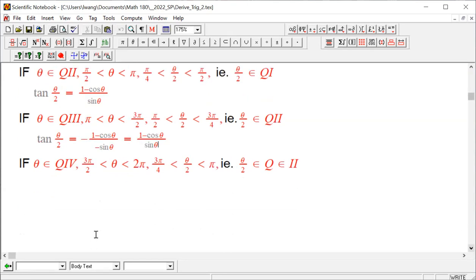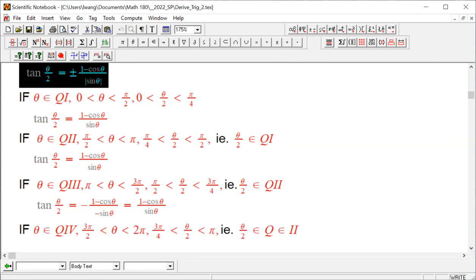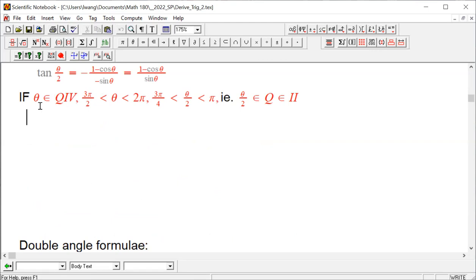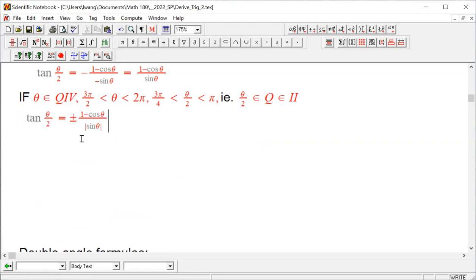Last case, same thing. When theta is in the fourth quadrant, between 3 pi over 2 and 2 pi, half theta is in the second quadrant. Since theta over 2 is in the second quadrant, of plus minus, we're going to choose negative. Sine theta in the fourth quadrant is negative.